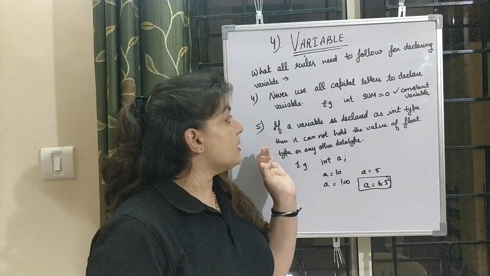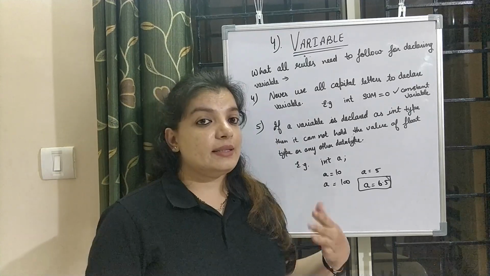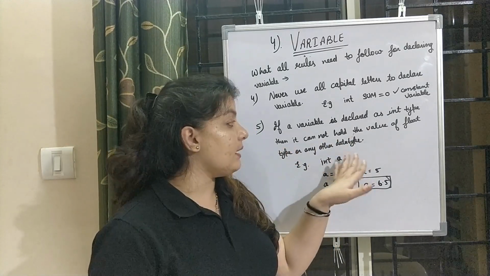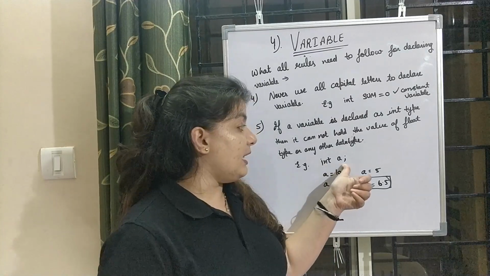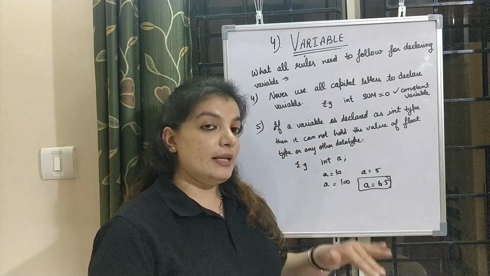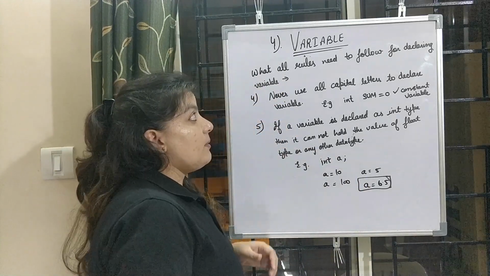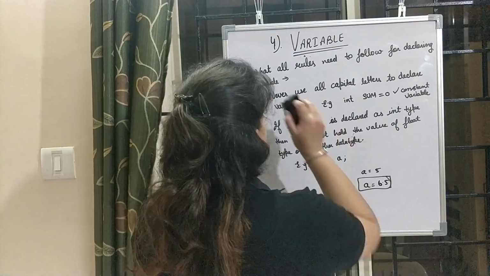And the last rule is, if a variable is declared as integer type, then it cannot hold the value of float type or any other data type. Whatever the data type of the variable, this variable can take only that type of value, not any other type of value. So these are all the rules for how to create a variable.